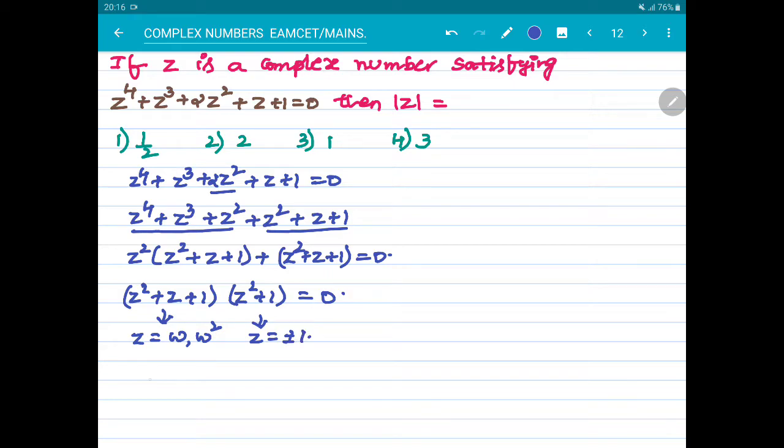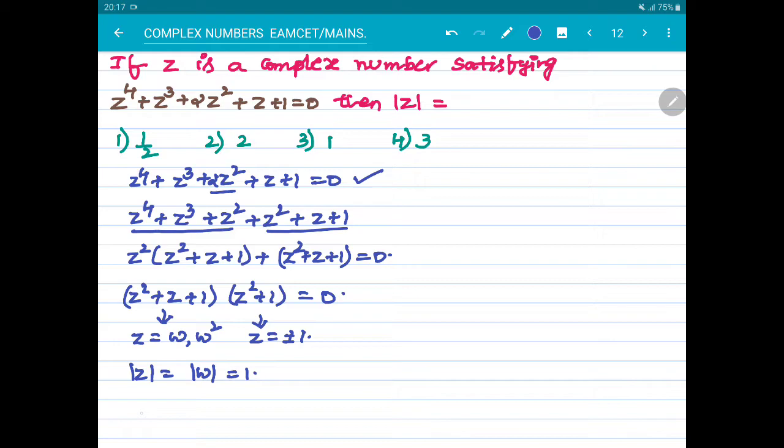Right? Now, let us calculate the modulus of z. There are 4 roots in total because the degree of the equation here is 4. Let us calculate the modulus of z for all the 4 roots. Modulus of omega, value is 1.